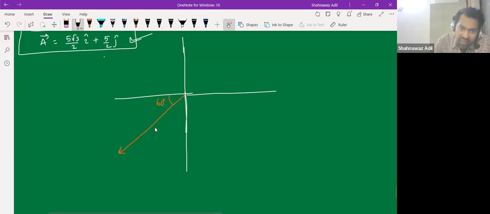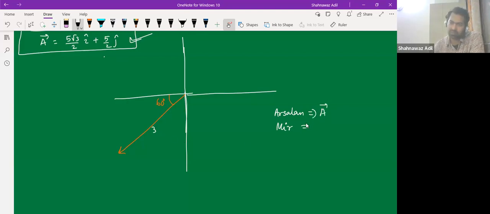So this angle is 60 and let's say the magnitude is 3. So what would be this vector? Its magnitude is given, this is 60. You guys please calculate and tell.